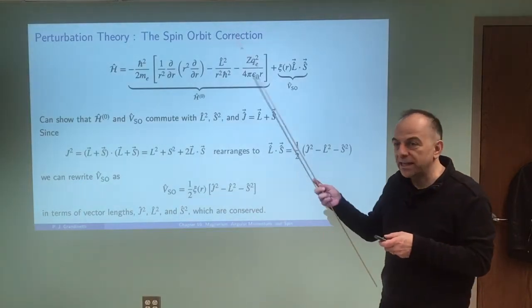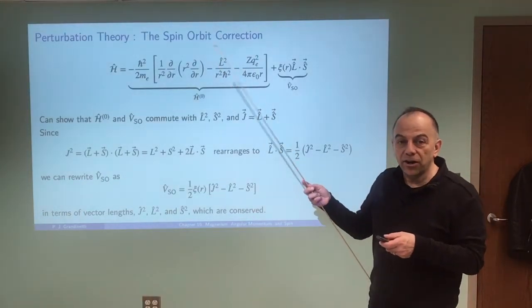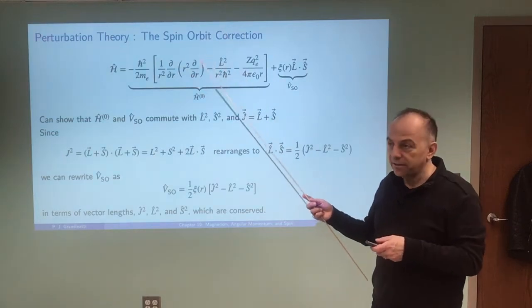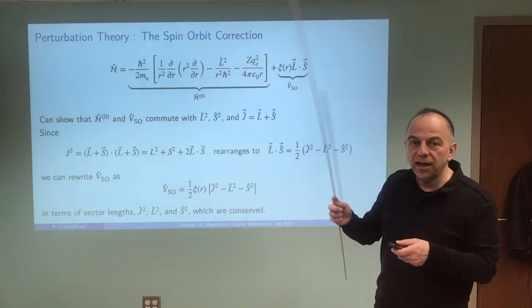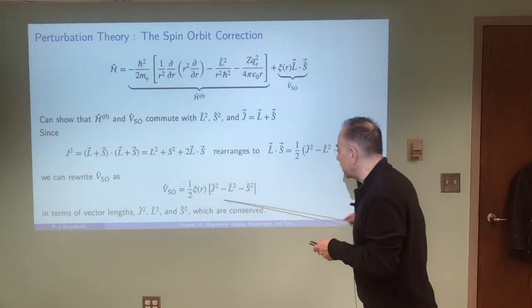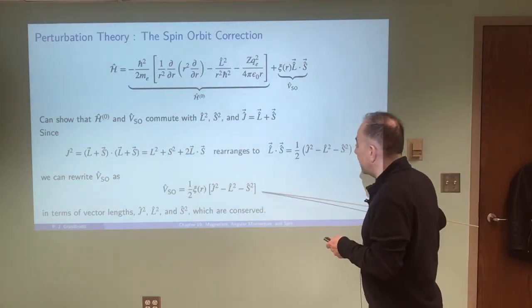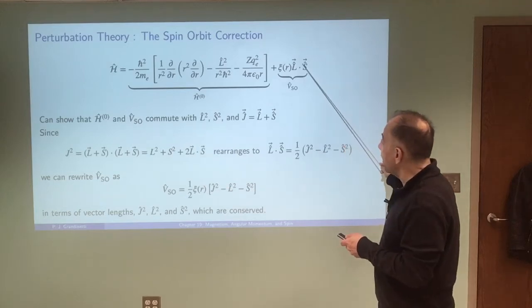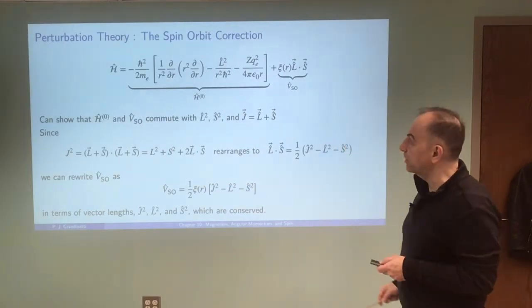Remember, we said that L and S are not conserved vectors. They're moving as a function of time, but their lengths are staying constant. And that's reflected here. We're going to put that into our term here so that we can do our perturbation treatment.